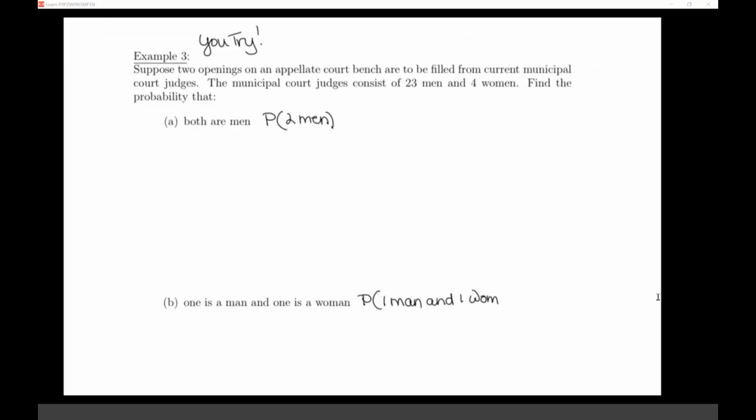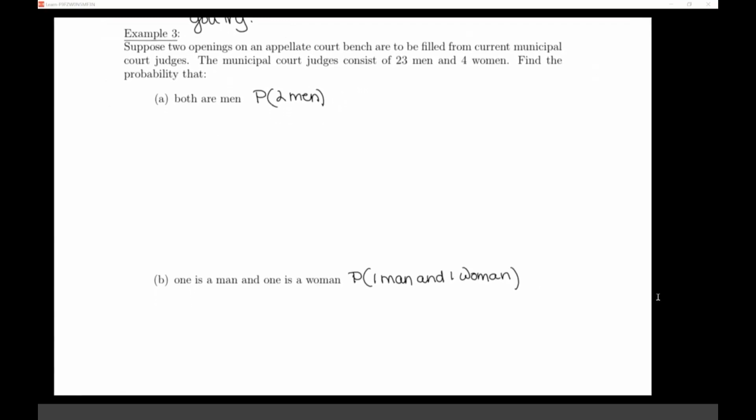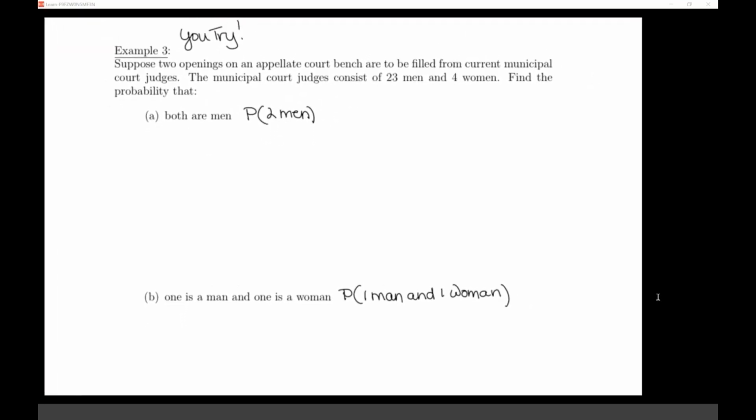So here we want the probability of 2 men, and here we want the probability of 1 man and 1 woman. Again, you want to ask yourself the questions: with or without replacement?